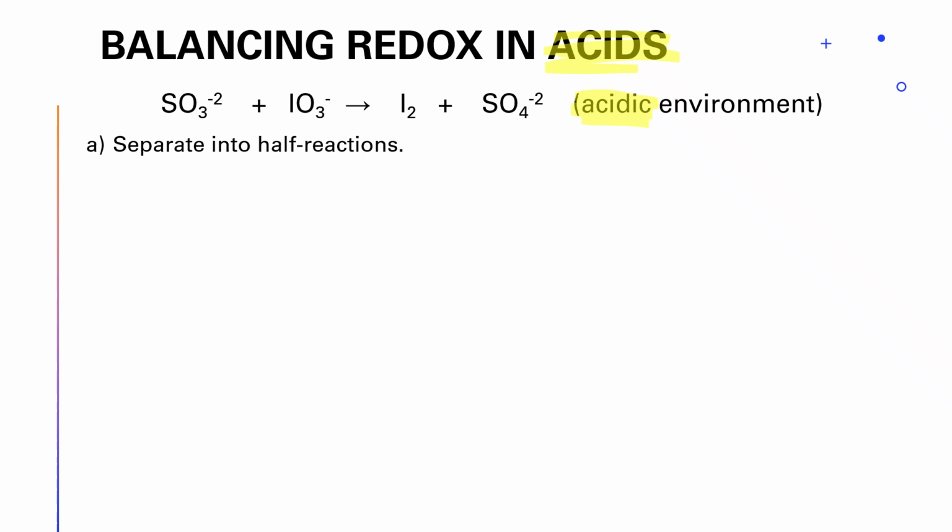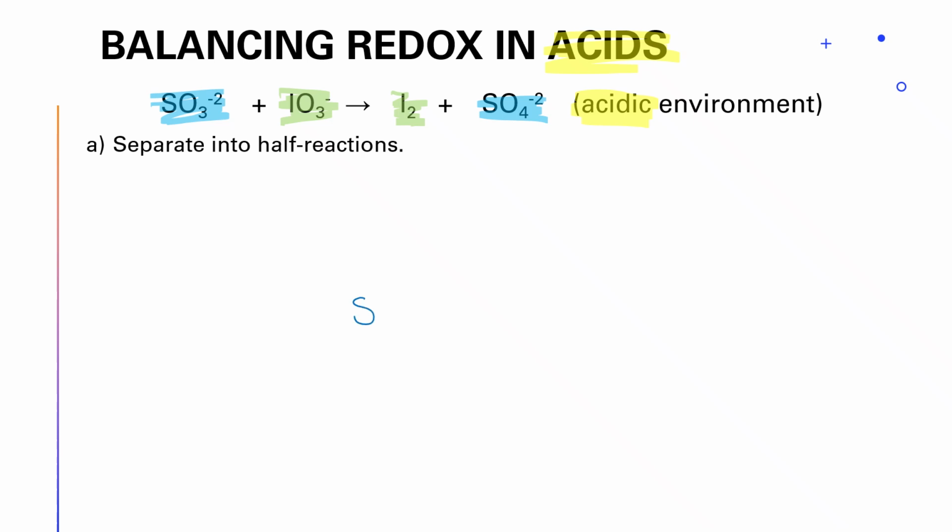Our step one is we're going to separate this into half reactions. And so if I'm looking at this reaction, I see that there's a sulfur half with sulfate and sulfite, and I see that there is an iodine half with iodate and plain iodine. So those are my two halves. So let's start with my sulfur half.